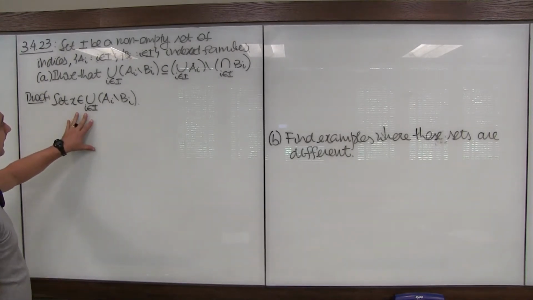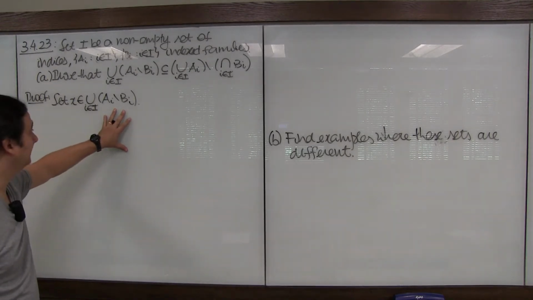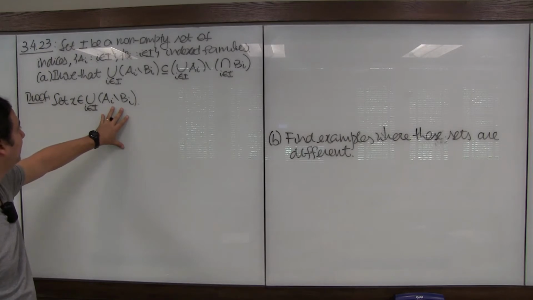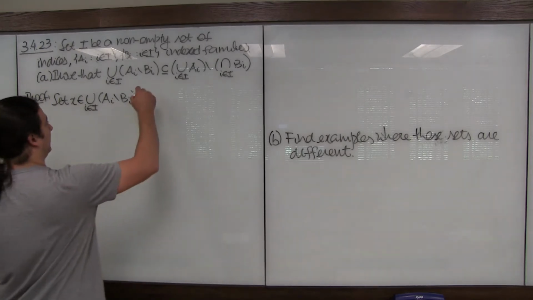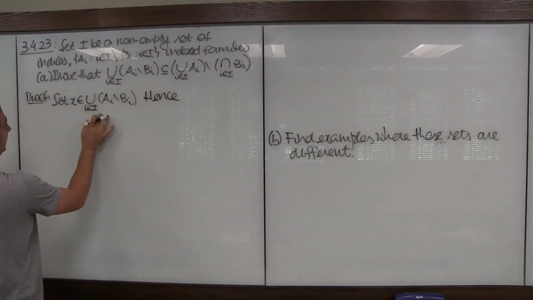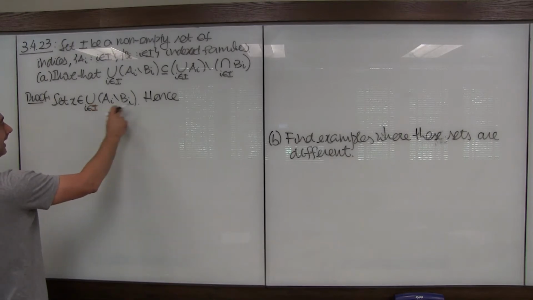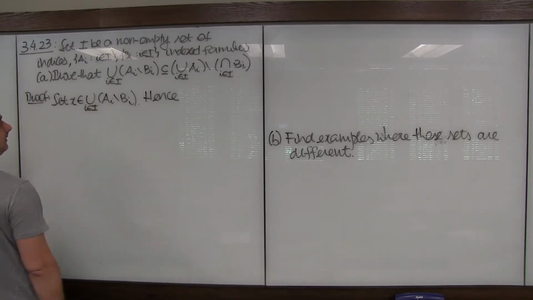But also, something that I already have to do is to interpret what this means. What does it mean to be in this union here? So we can say, hence, it means that there is some index, and I can call it I sub 0, for instance, such that x is in that particular indexed difference.